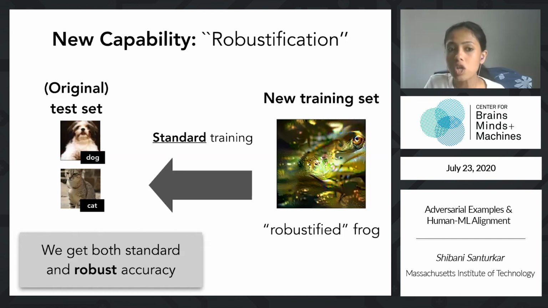So this was not really meant to be a new training methodology, but more a way to confirm our hypothesis. The way we construct this new training set is not perfect, because we invert the representation of a robust model, and the optimization process is not perfect, which is why this robust frog looks a bit weird.